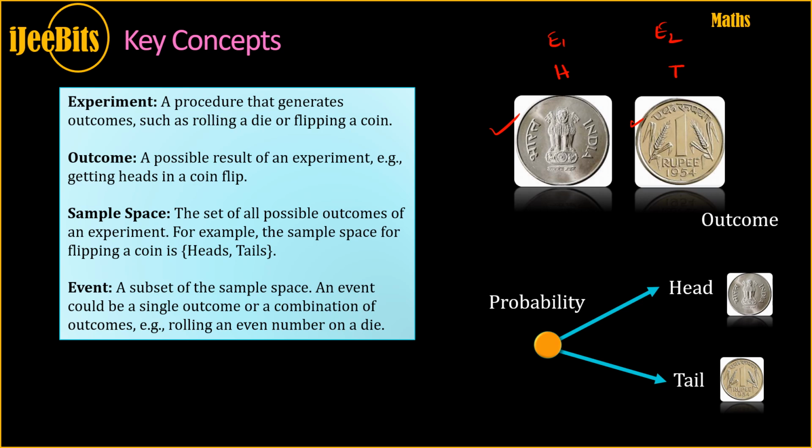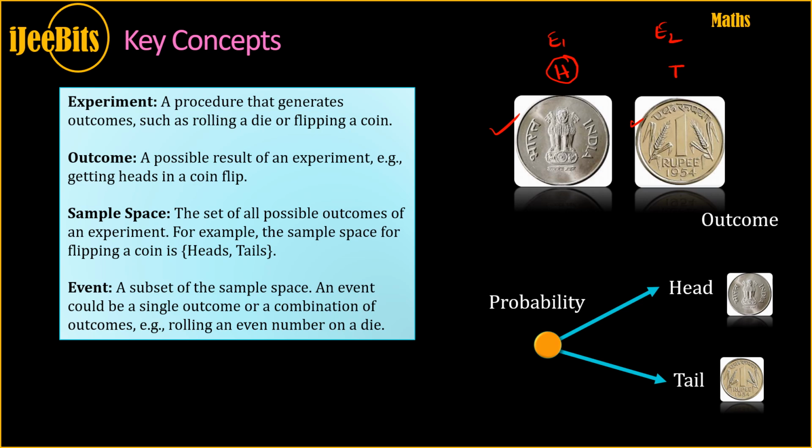Got it? So an experiment is for producing an outcome, you have to do some activity, like flipping a coin, rolling a dice, picking a card from a pack. These kinds of things will come.